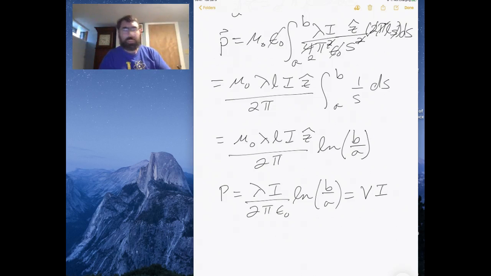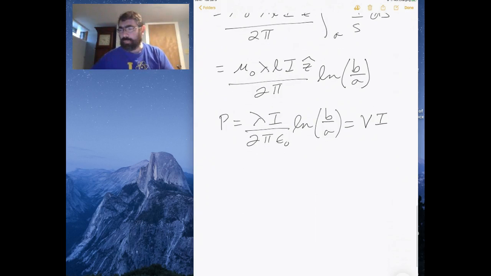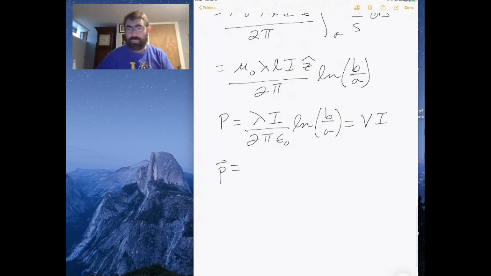So now I can replace everything in this equation that I had with VI. So the momentum, written in a little cleaner form, is VI times the length times mu 0, and now I get an extra epsilon naught from the power. So mu 0 epsilon naught VIL, in the z direction.